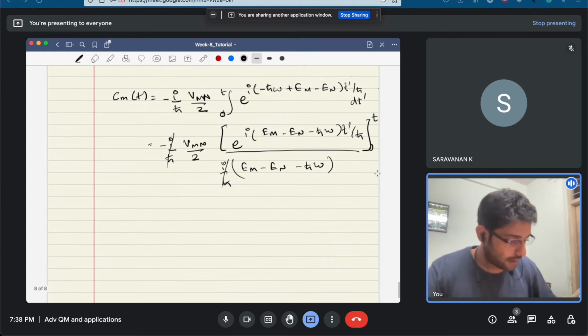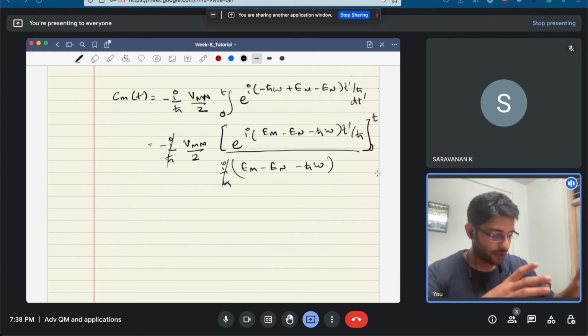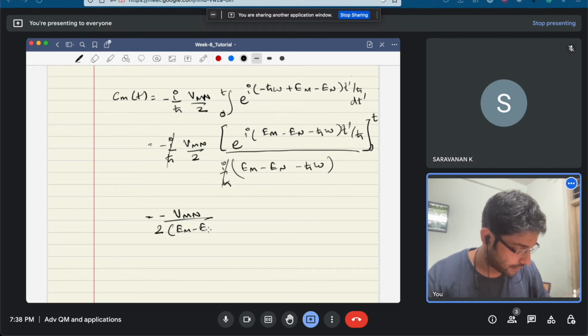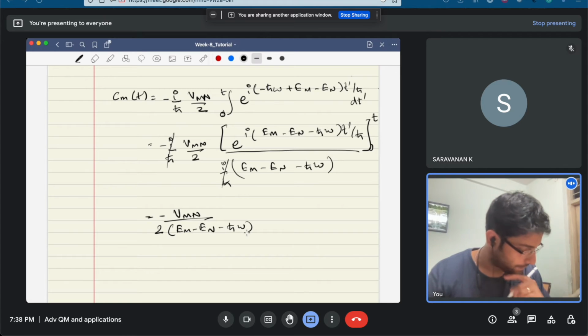Okay, and again you can take half of the exponential out and you end up getting a similar form, Vmn times 2 over (Em minus En minus h bar omega).